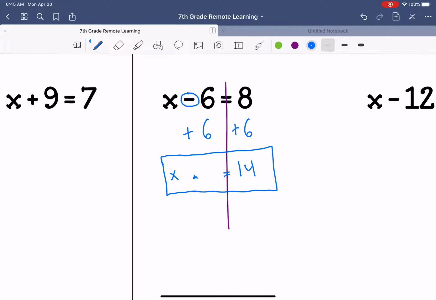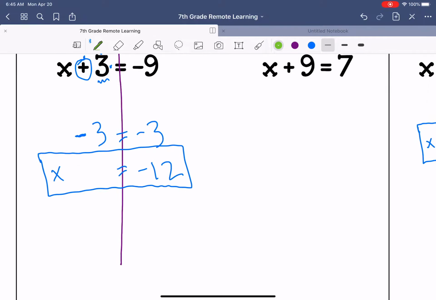If you can see and say to yourself, hey, I know that means these cancel, and you just want to write x equals 14, totally fine. I'm writing the plus 0 right there to show you what is happening, that those cancel each other out because they make a 0. Because if they make anything besides 0, they're not going to cancel. They're going to make some other number.